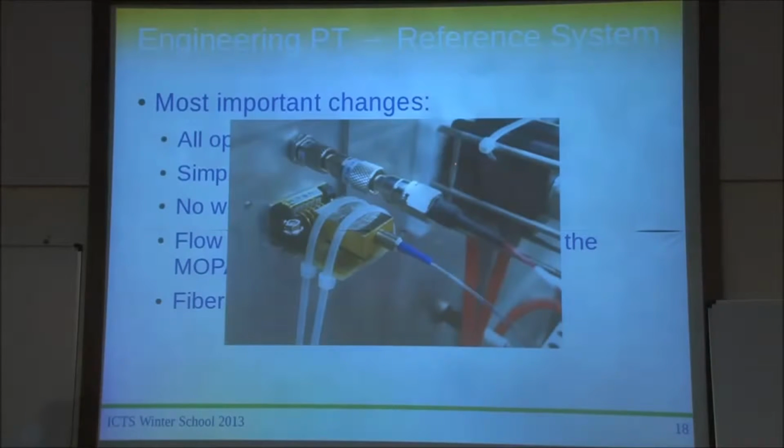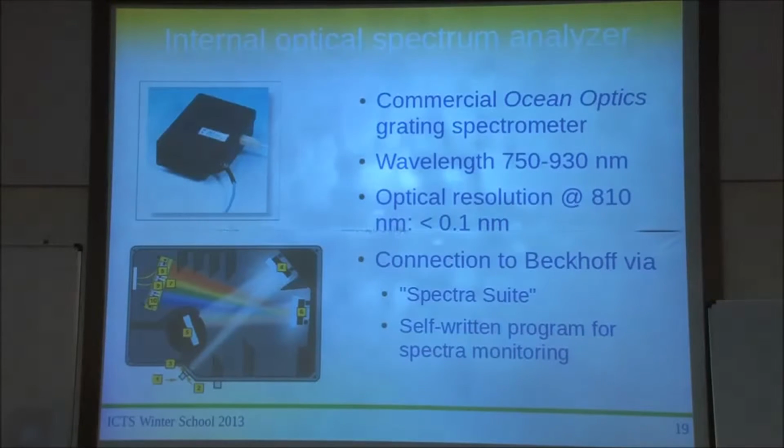What we also added was, instead of having one of these rather expensive spectrum analyzers with all these features that we don't need, a little integrated spectrum analyzer. You can actually buy that from this company here. It's a little box with not a really great resolution, but it's a cool little device if you just want to see what the pump light is doing.